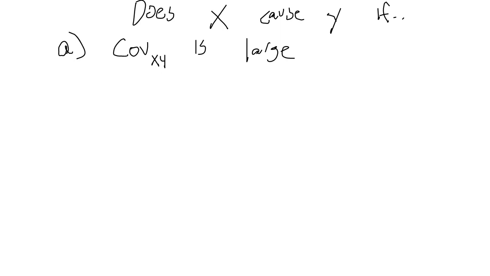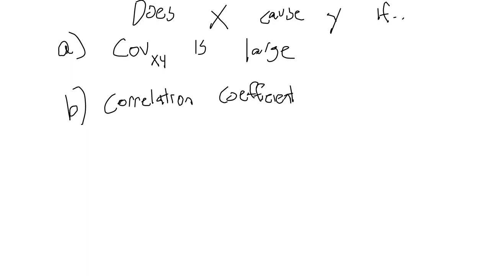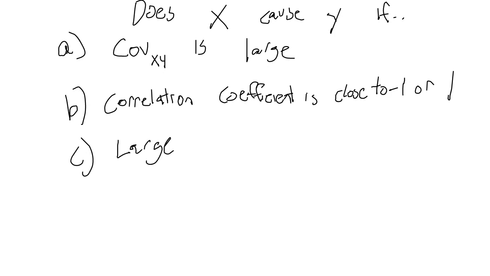The second one is the correlation coefficient is close to negative 1 or 1. The third one is a large R squared, a large coefficient of determination, and then D is none of the above. Okay, so we can go through these.